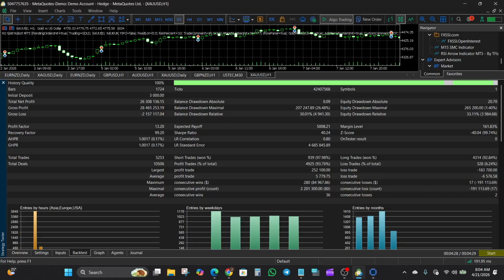So overall, my thoughts on XG Gold Robot MT5, I'll describe it as a multi-factor gold trading system that combines price action indicators and multiple filters to improve trade selection.